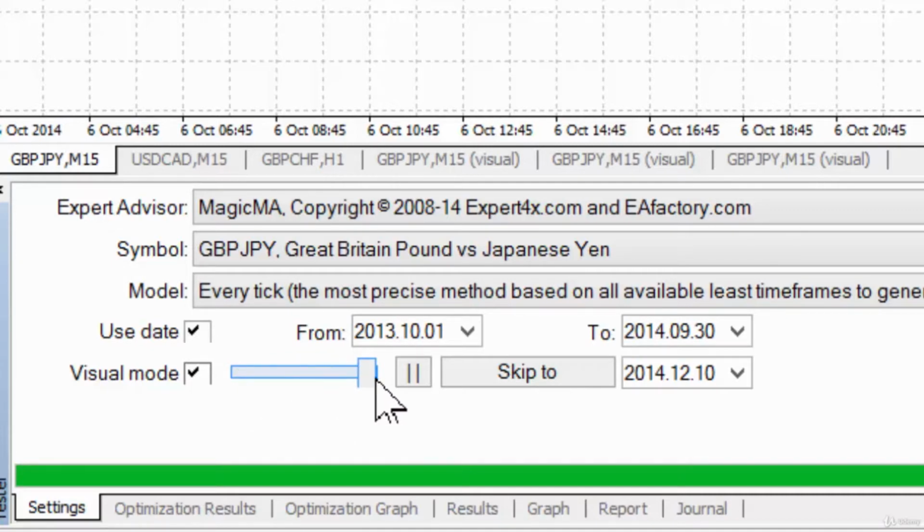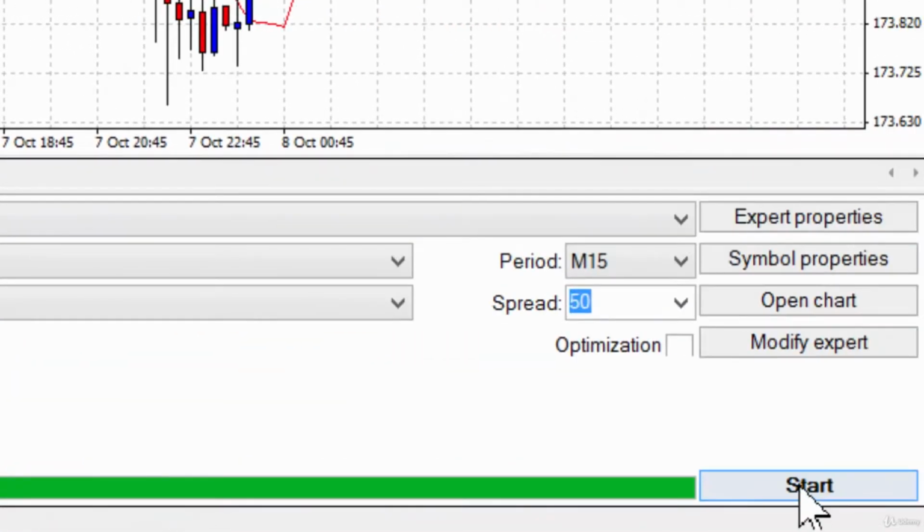When it's on the far right, it goes the fastest it can, and when it's on the left, it goes the slowest that it can. I'm going to move it to the slowest because I want to set my chart up before it starts moving quickly. So I've moved it to the slowest, and I'm going to actually activate this test.